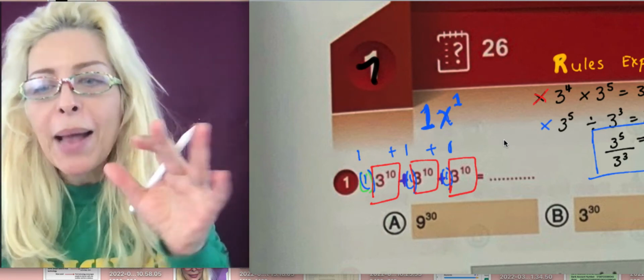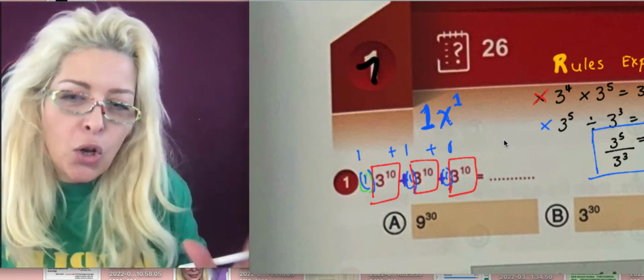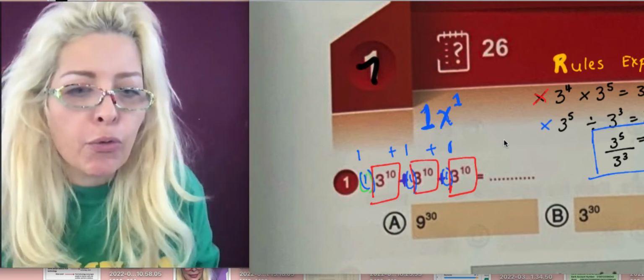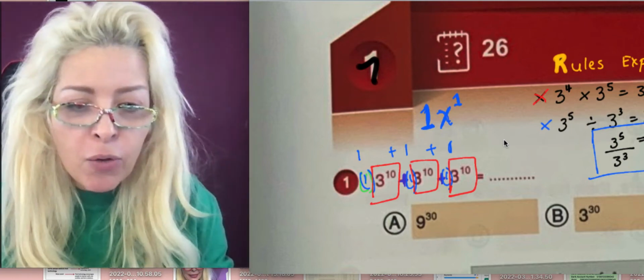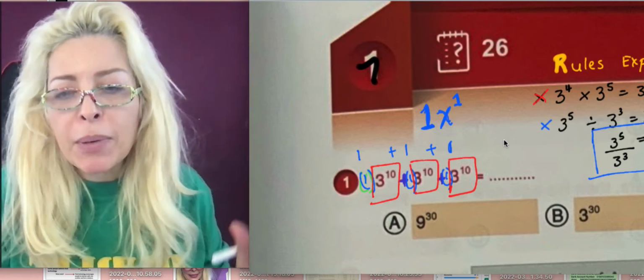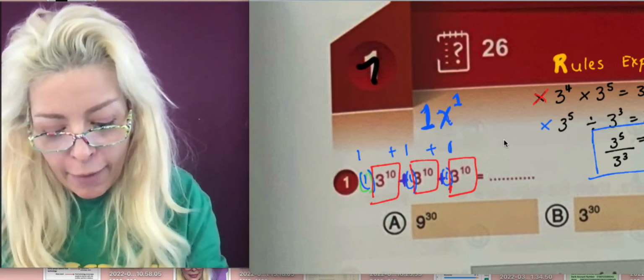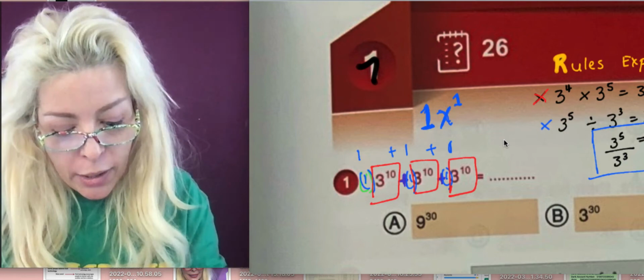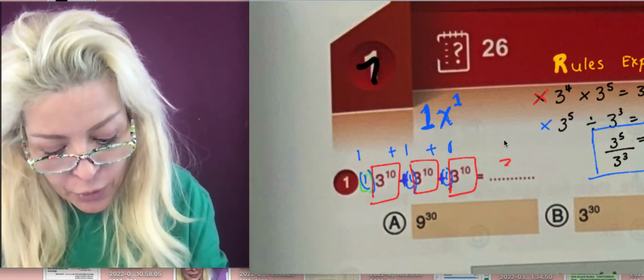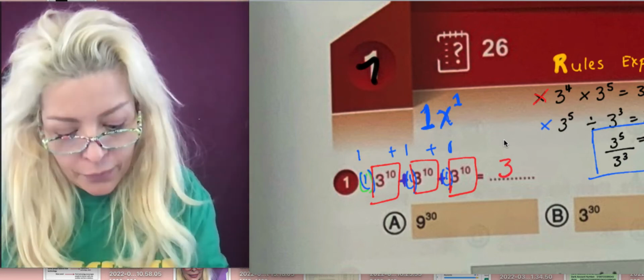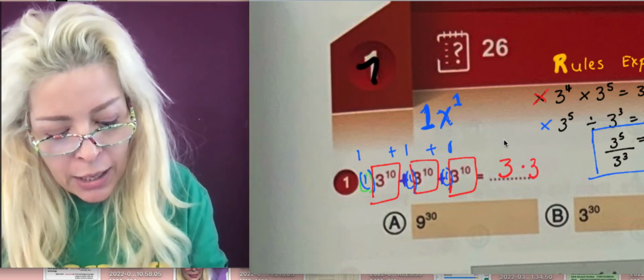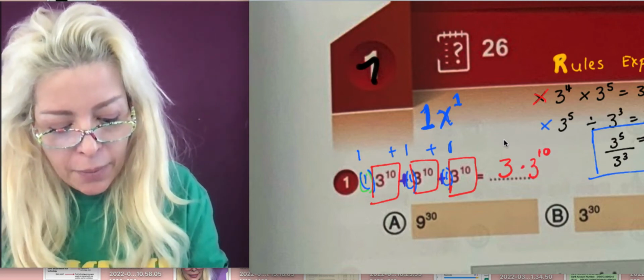We imagine them as little apples or little bananas. I don't know what your favorite fruit is. Whatever your favorite fruit is, you have 3 bananas here, or 3 apples. So you have 1 plus 1 plus 1 is 3. 3 what? 3 to the power of 10.